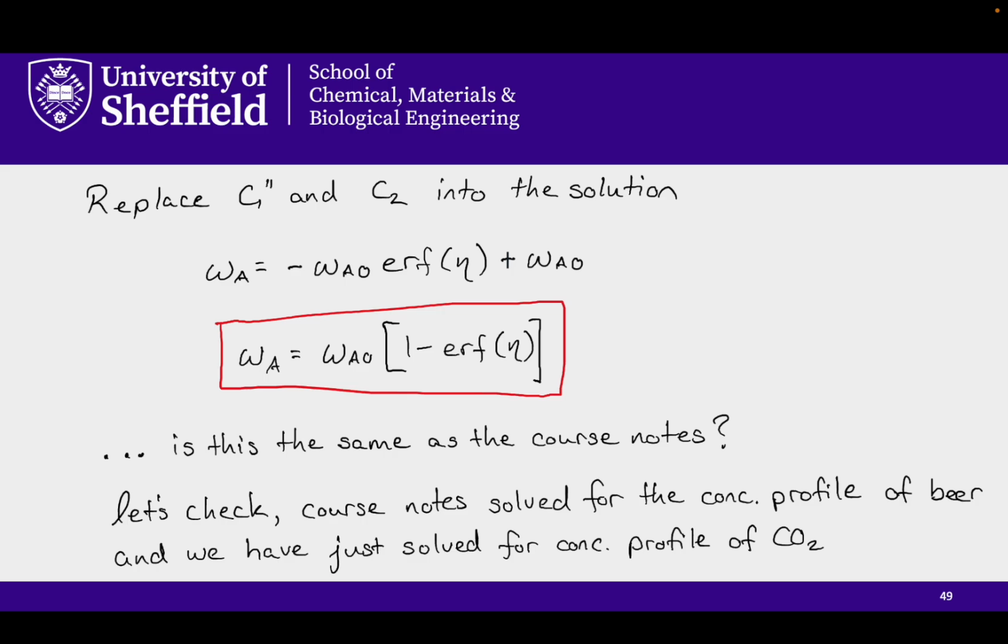The expressions should be the same for beer and for carbon dioxide. So to double check that we've done this correctly, we're going to change this concentration profile into the concentration profile of species B, which is in our case the beer, and see if it looks the same as what we've previously determined.